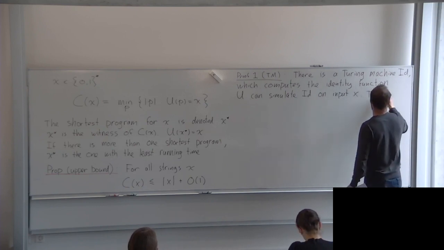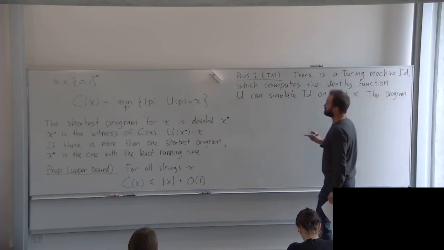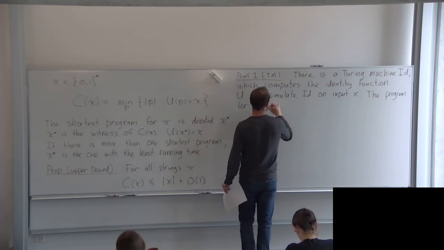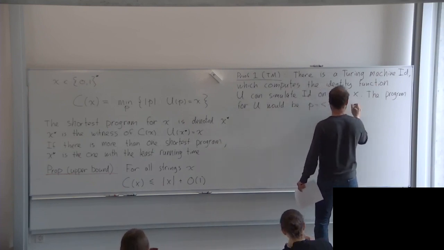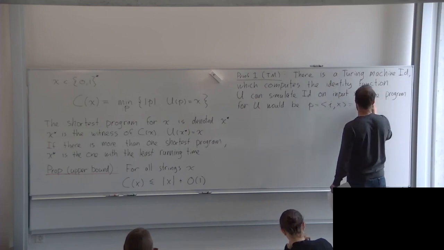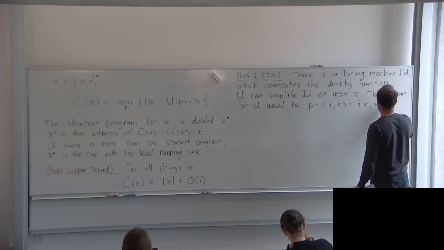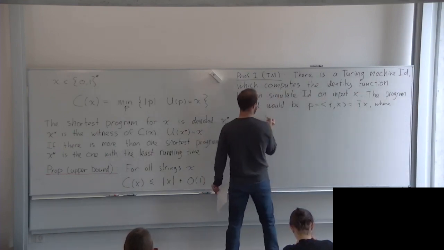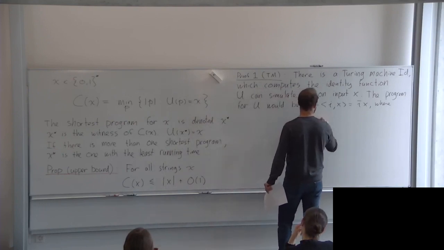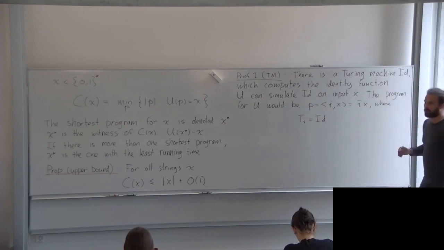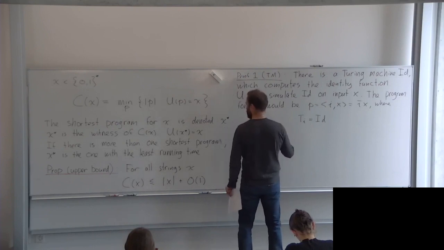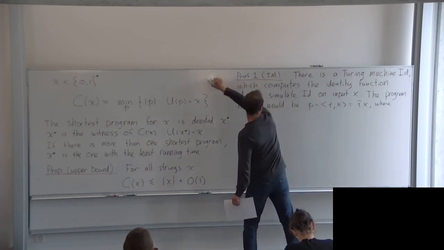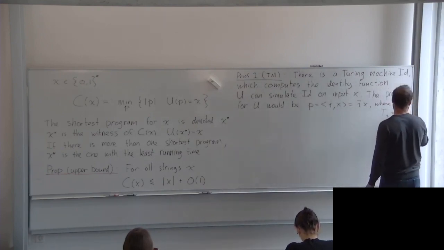The program for U would be some P equals the encoding of I X, which we fix to be I bar X, where I is one index, where T_i equals ID.